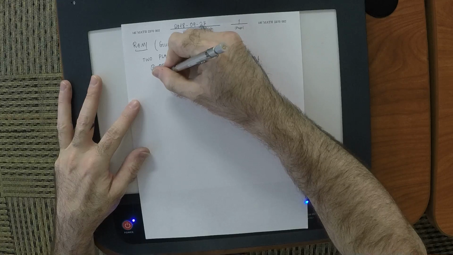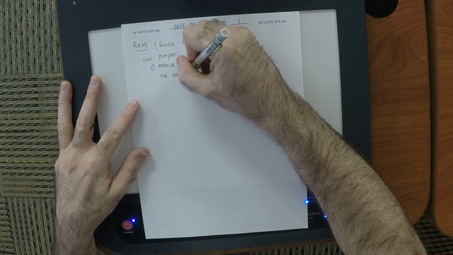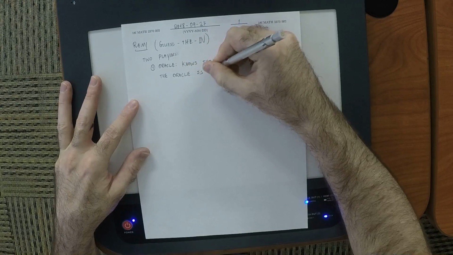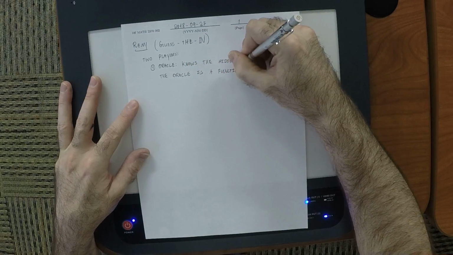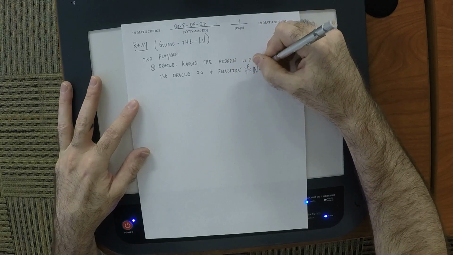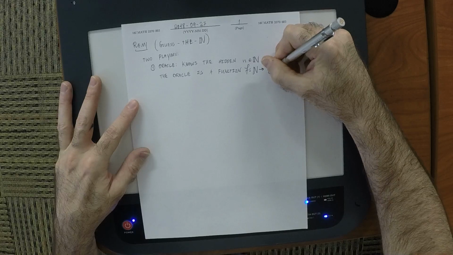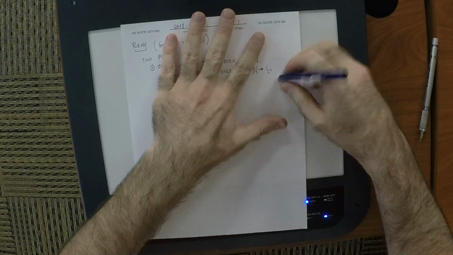What the oracle is, is a function f from the naturals to the set {-1, 0, 1}.